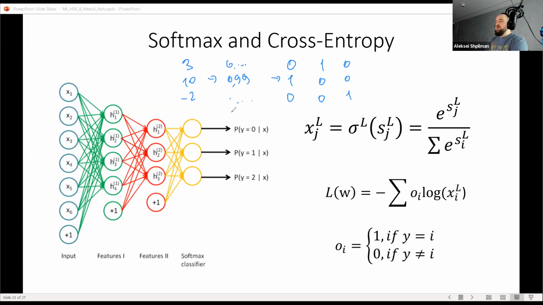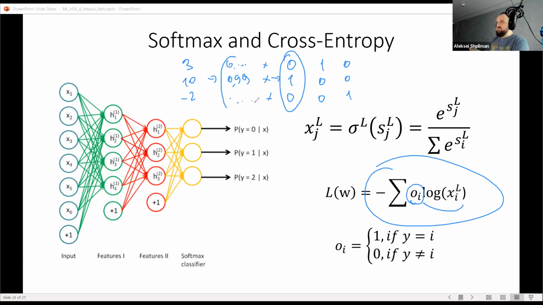Good. Now let's multiply. But we need a log likelihood, so let's multiply the correct output by the logarithm of the probability.